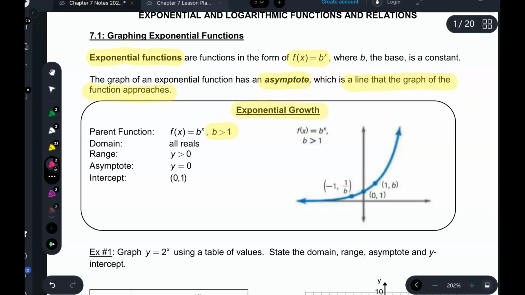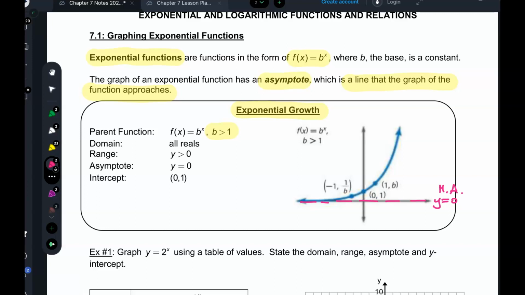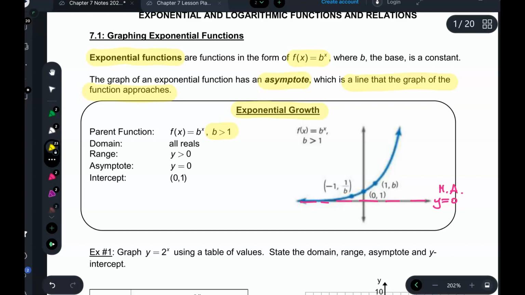This right here, this would be y equals 0, our horizontal asymptote. It's an exponential growth because b is greater than 1. So anytime it's a number greater than 1, like 2 to the x, 3 to the x, 10 to the x, then it's going to get bigger and bigger.